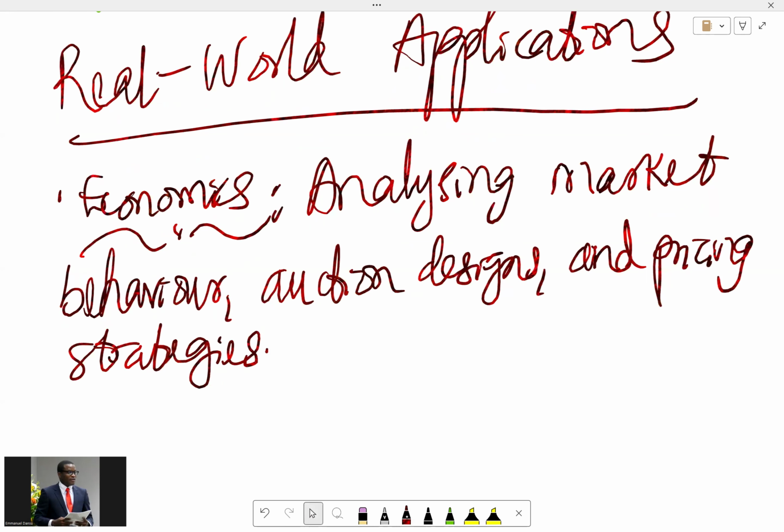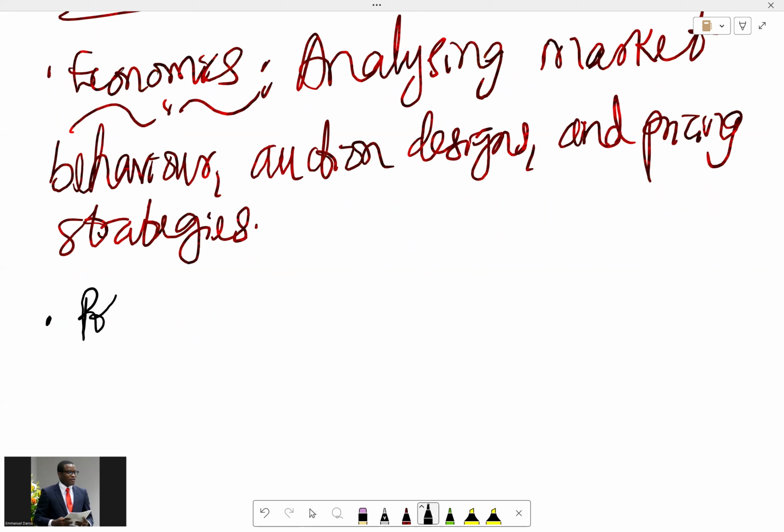Then we can also see it at work in politics and international relations.